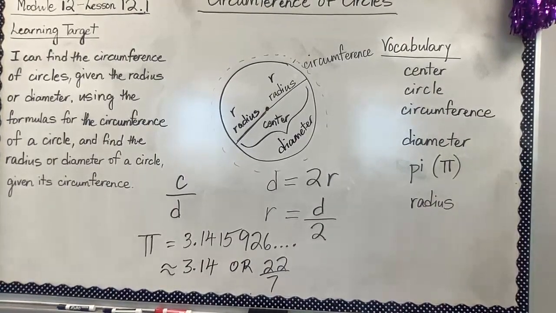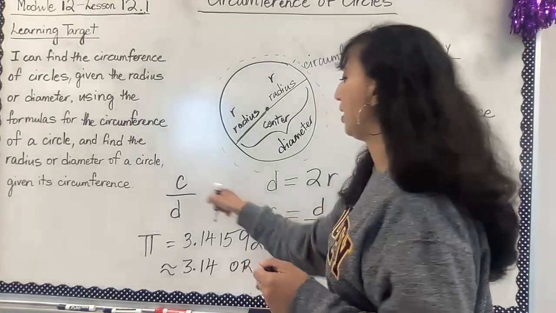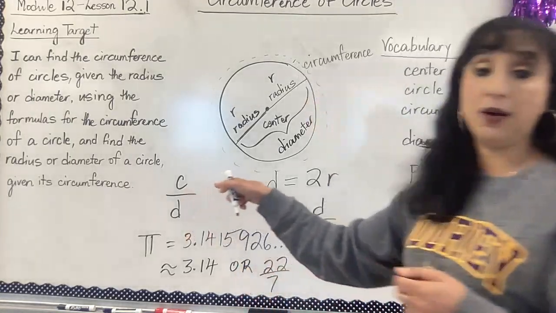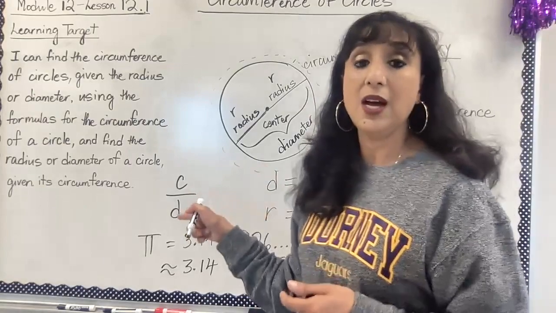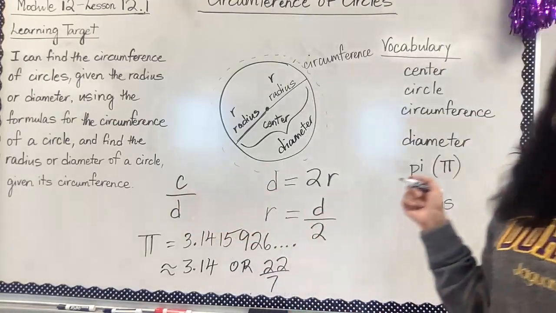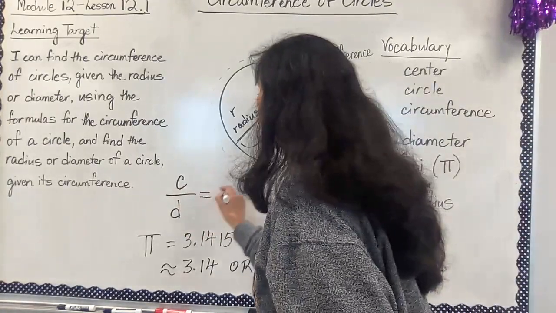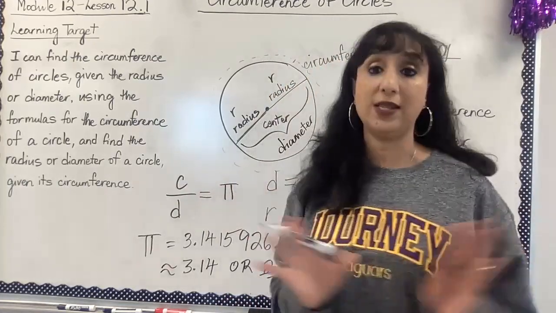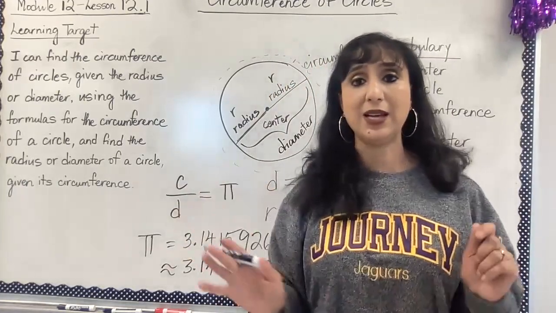Okay, so now when we look at what is circumference, we know that circumference over the diameter gives me pi. So this is equal to pi, always. Again, as I said, it doesn't matter the size of the circle.